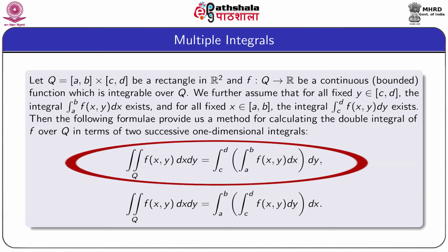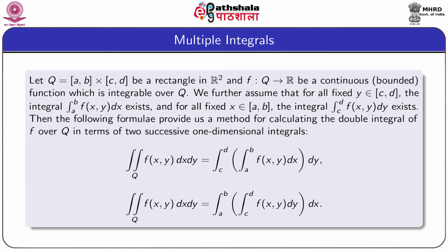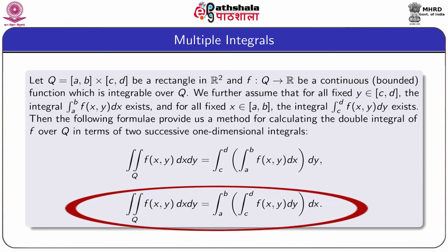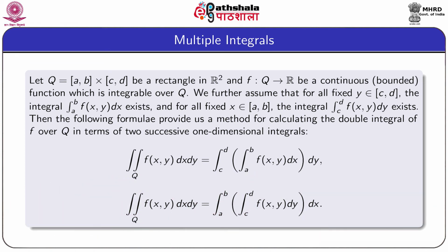The double integral over Q of f(x,y) dx dy equals the integral c to d of the integral a to b of f(x,y) dx dy, and the double integral of f over Q also equals the integral a to b of the integral c to d of f(x,y) dy dx.